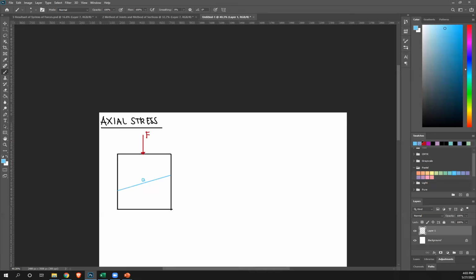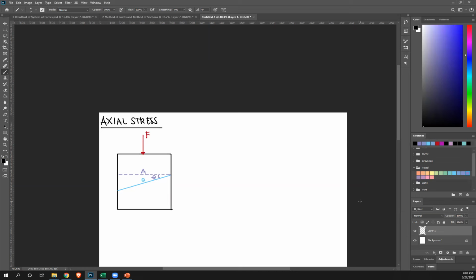And then we're also given an angle. So we're given this angle from the cross-sectional area to be theta. So let's call this your A. So capital A, the cross-sectional area. Small a, the slanted area.